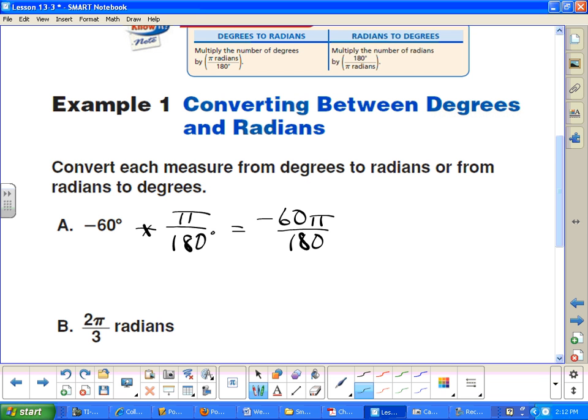And then what do I get when I simplify 60 over 180? All right, 1/3, because 60 goes in 180 3 times. So this would be negative 1/3 pi, but we're not going to write it that way. Okay? We're actually going to write it so that it says negative pi over 3.